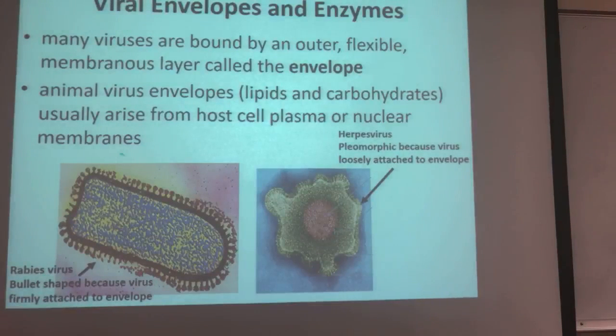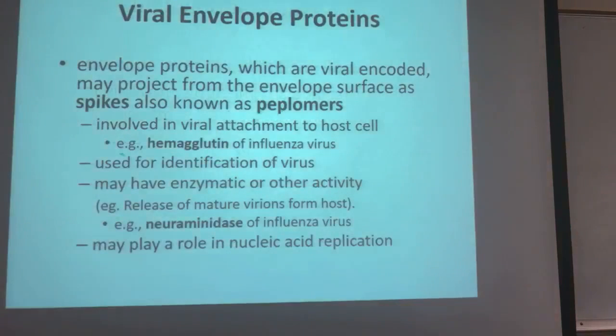Then we talked about envelopes. Remember, envelopes can be very tight, like the rabies virus. Envelopes can be very loose, like the herpes virus. Spikes are proteins on the surface of the virus. A lot of times spikes are there for attaching to your host cells. Remember we talked about in flu, remember H1N1, what does the H and N represent?